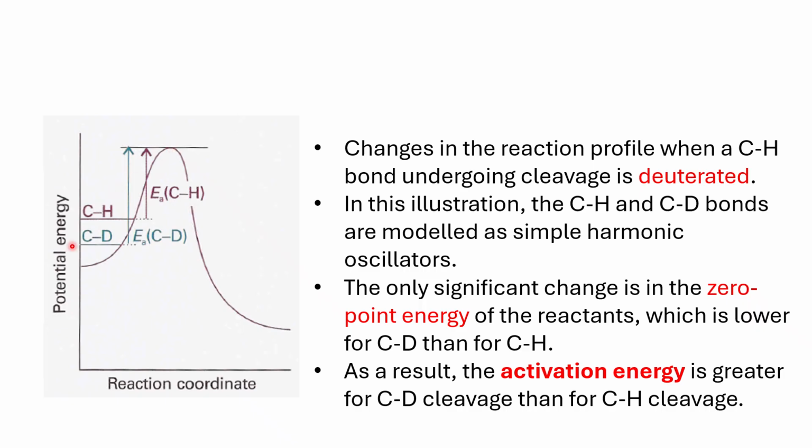Since the starting point for the C-H reaction is higher and the transition state is at the same level, the energy gap that must be overcome, which is the activation energy, is different for the two isotopes. So the larger barrier for the heavier isotope causes the decrease in the reaction rate, which is the definition of the kinetic isotope effect.